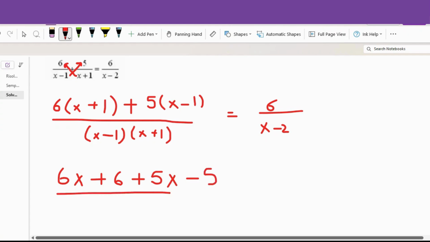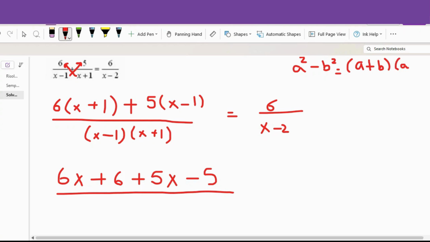And in the bottom, this is actually a formula in algebra, a squared minus b squared is equal to a plus b into a minus b.